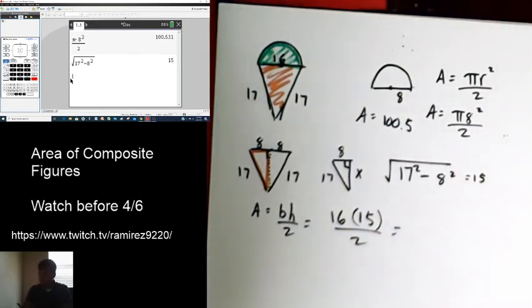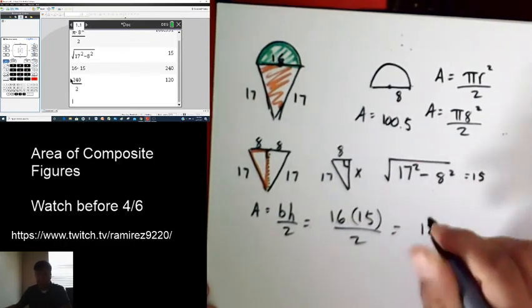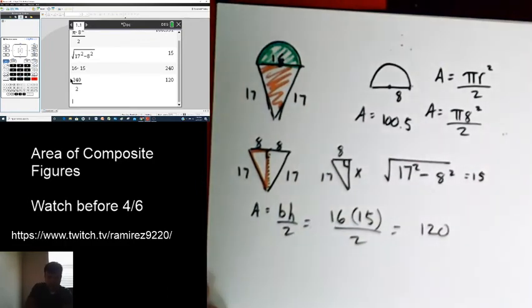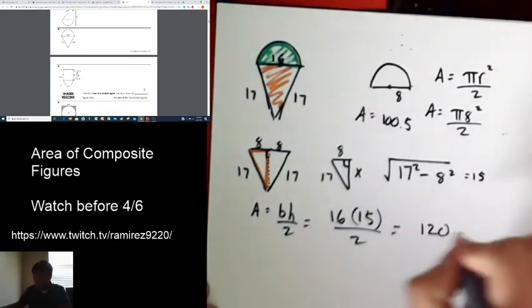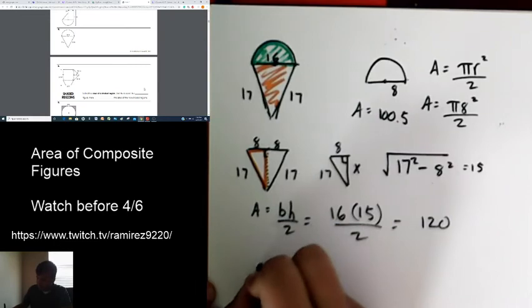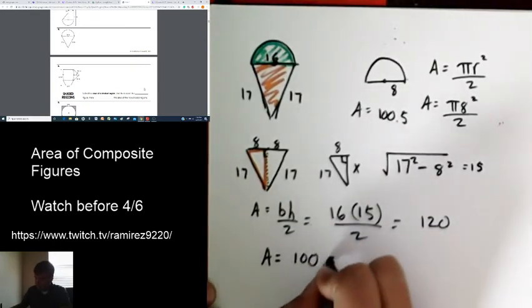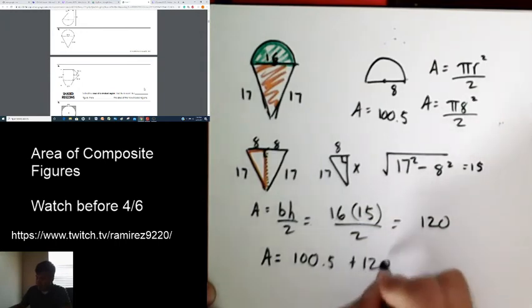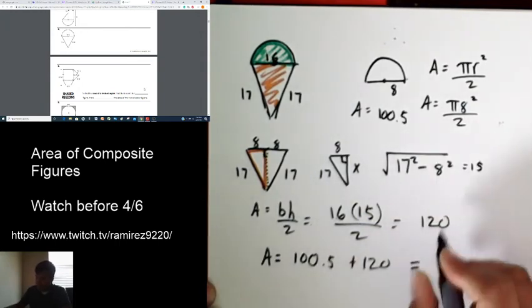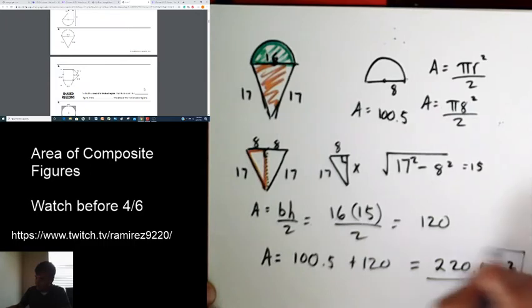And when I put it in my calculator, 16 times 15 divided by 2, it is 120. And again, the units happen to be meters here. When I want to find the total area of these two shapes combined, it's just the 100.5 plus the 120, which in this case will give me 220.5. The units are meters squared.